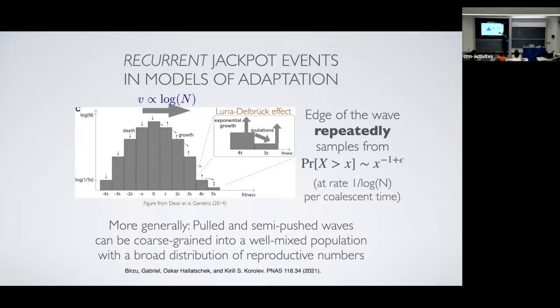In the present case, the offspring distribution would be described again by this rather broad Luria-Delbrück distribution.